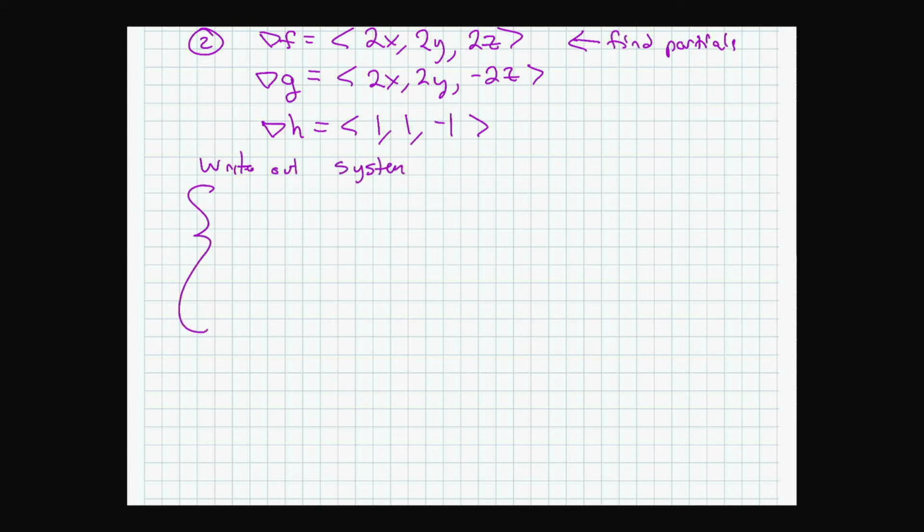So your system is, we know, gradient f equals lambda 1 gradient g plus lambda 2 gradient h, and then also g equals 0, h equals 0. That's what it is in general.